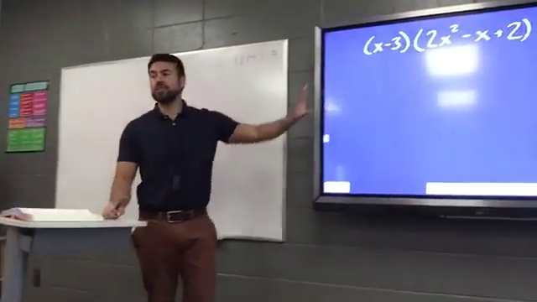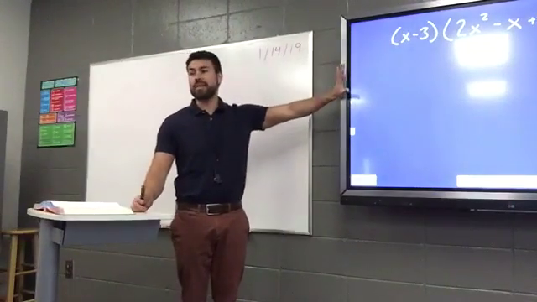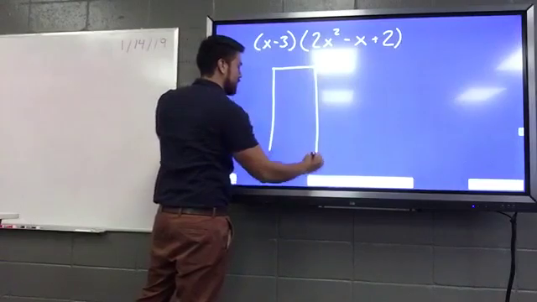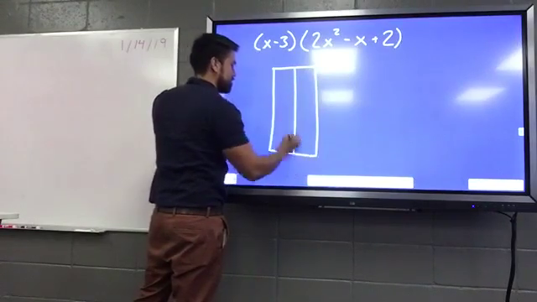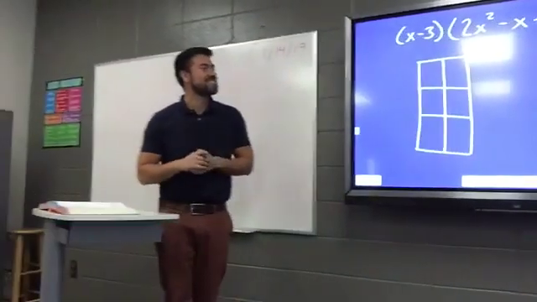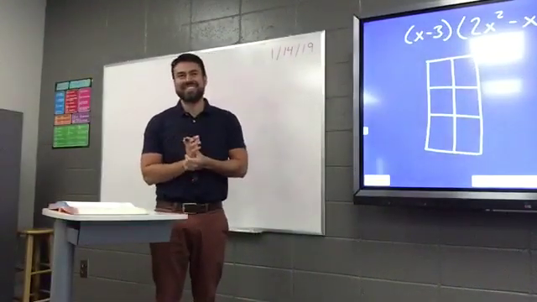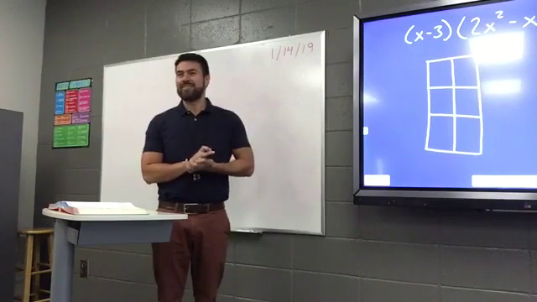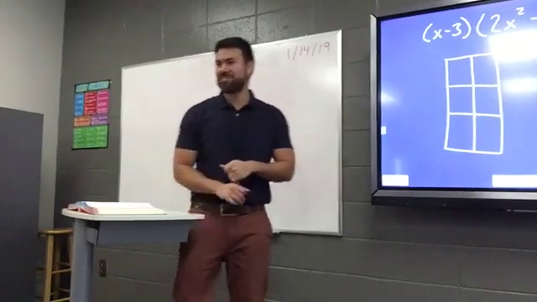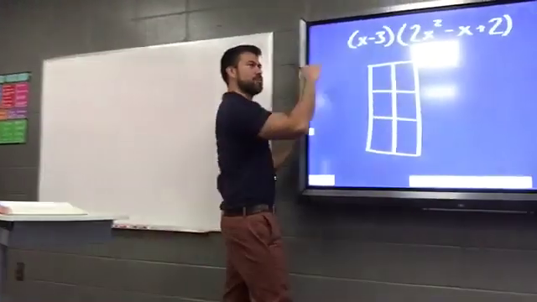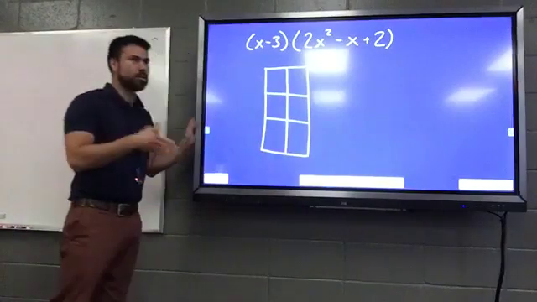All right, let's keep going here. I want you to use the tabular method, and I want you to use it this way. Okay, go ahead and work on this problem here. So that means you're going to put the binomial up top and the trinomial on the side.